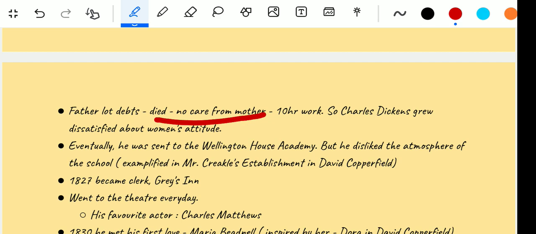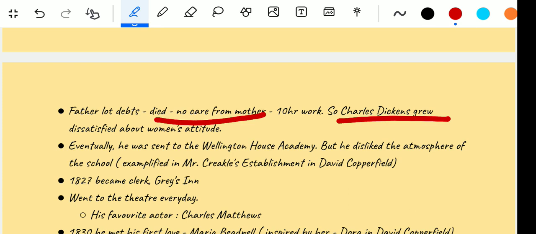At that time, Charles Dickens expected his mother to take him out from this treacherous work. But his mother didn't do so. That is why Charles Dickens developed a dissatisfaction about women's attitude.